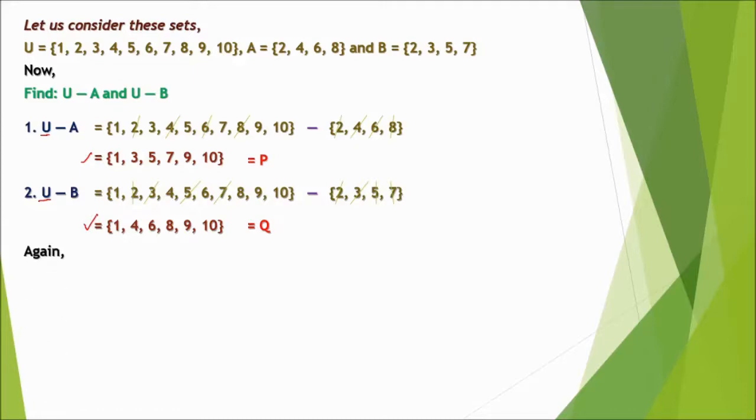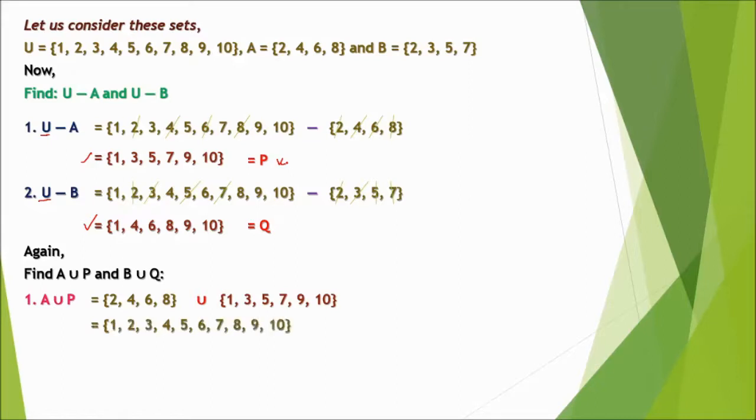Again, what we are going to do is let's find the union of A and P, and B and Q. We know how to find union, so there is no big deal for it. We can find A union operator P. We can easily write the elements of P also, but as we have already found the elements of P here, the union is, as we know, each and every element from set A and P without any repetition.